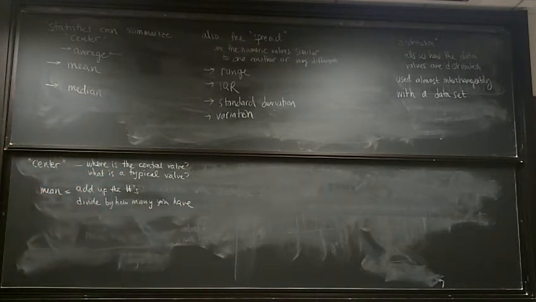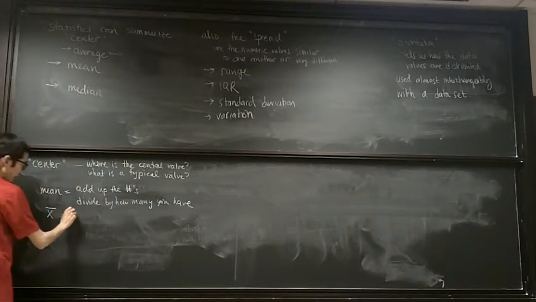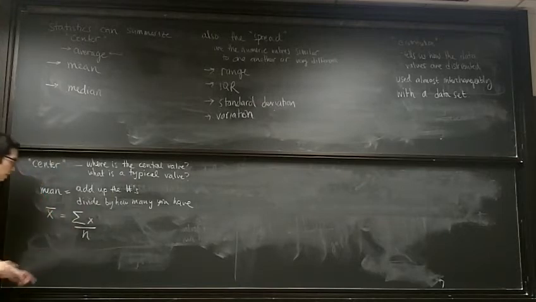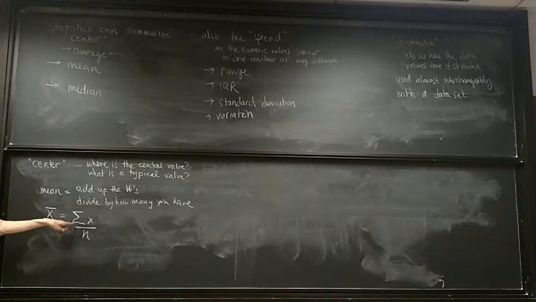Okay? The symbol for mean is x bar. So x representing the value and the bar over it. That's the symbol for sample mean. And the formula is summarized as this. This is the Greek letter sigma, which means sum.